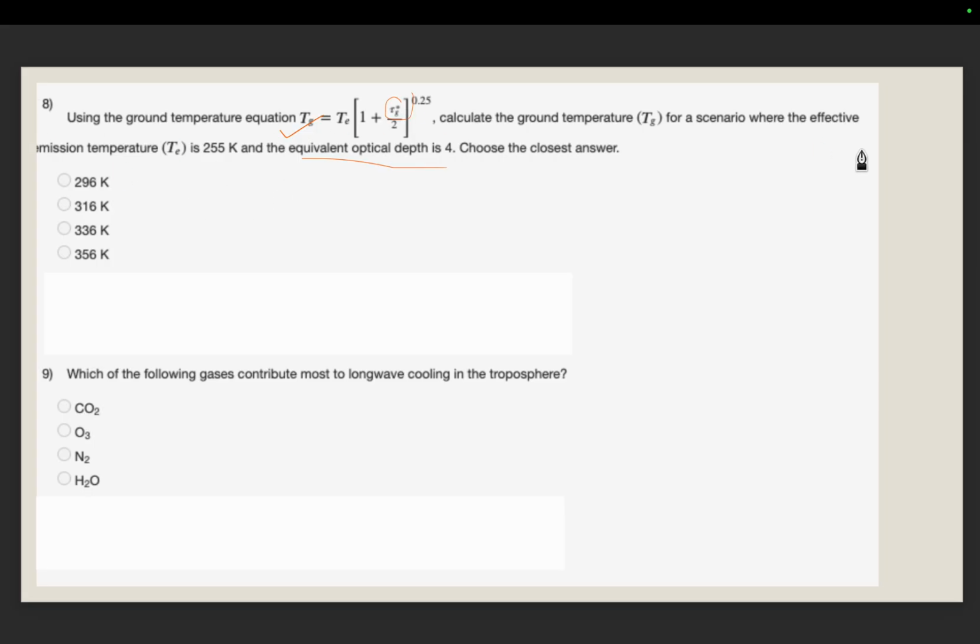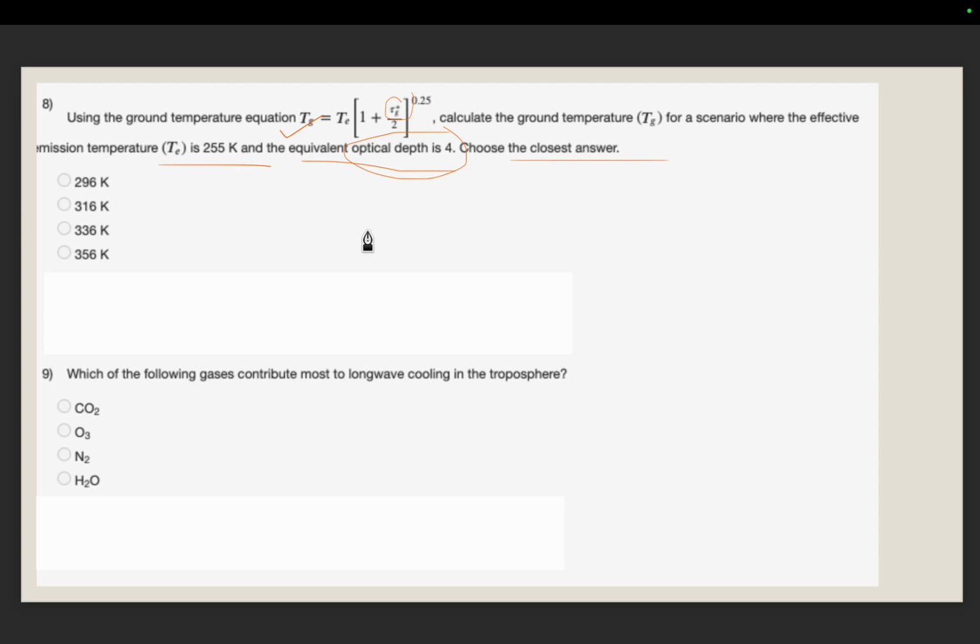From this formula, this question 8 has been given. If the effective emission temperature is 255 Kelvin, and the equivalent optical depth of the ground is given as 4 units, choose the closest answer. You can see here the optical depth has no unit always.